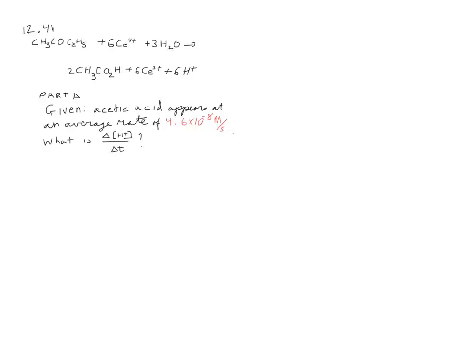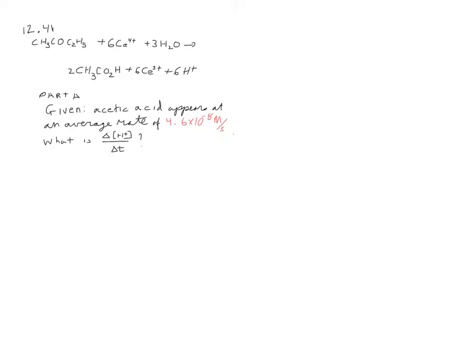Part A asks, given acetic acid appears at an average rate of 4.6 times 10 to the negative 8 molar per second, what is the rate of reaction in terms of the hydrogen ion during that same interval?